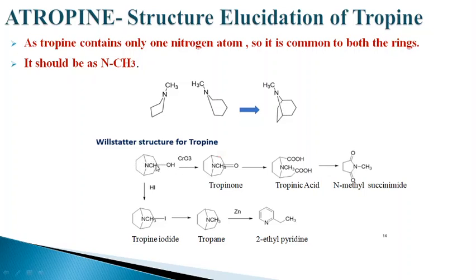So if the hydroxyl group is present at this carbon atom, then it will render the molecule optically inactive. So the position of the secondary alcoholic group is on this symmetry element. So this is the probable structure given by Willstatter, which explains some of the reactions which we have studied earlier.